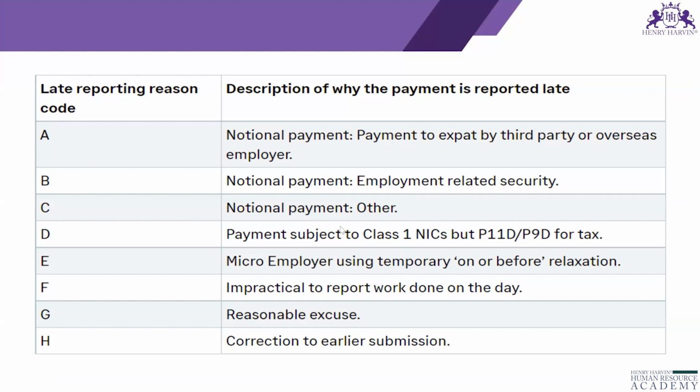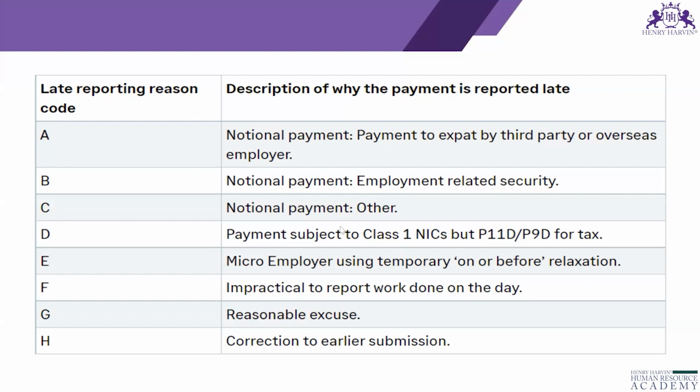Then G could be reasonable excuse. It could be anything which the employer will need to explain. I'll give one or two examples. One example could be you're facing some network issue or HMRC site issue.